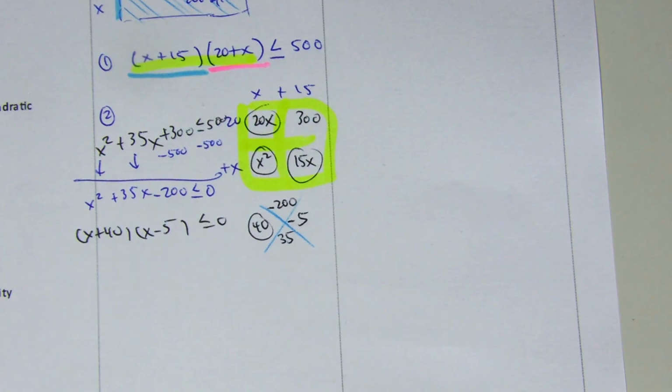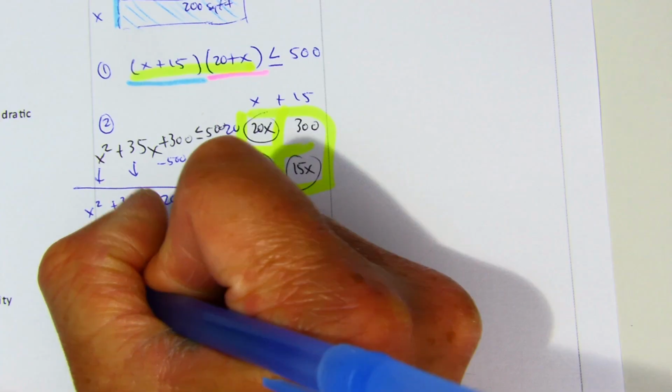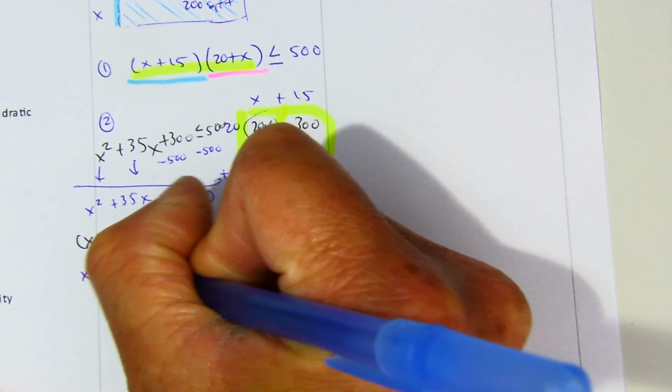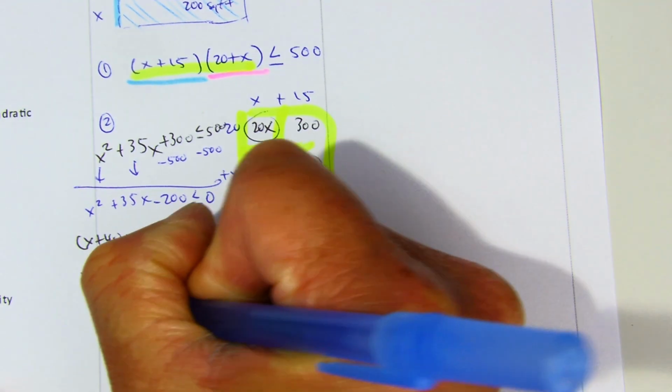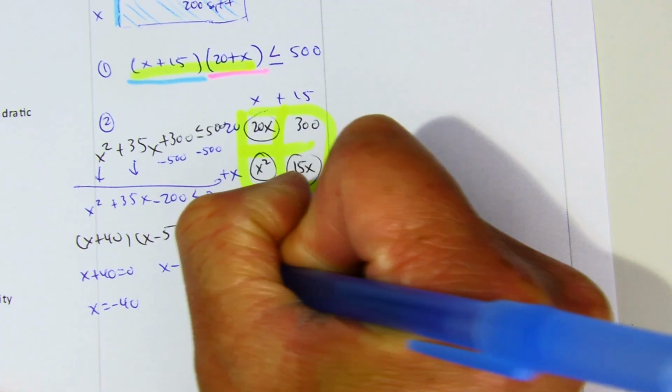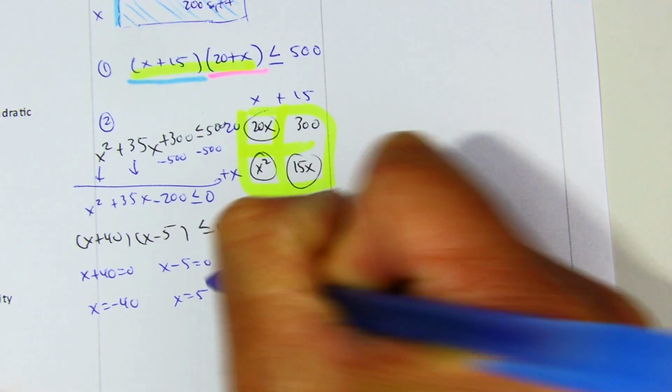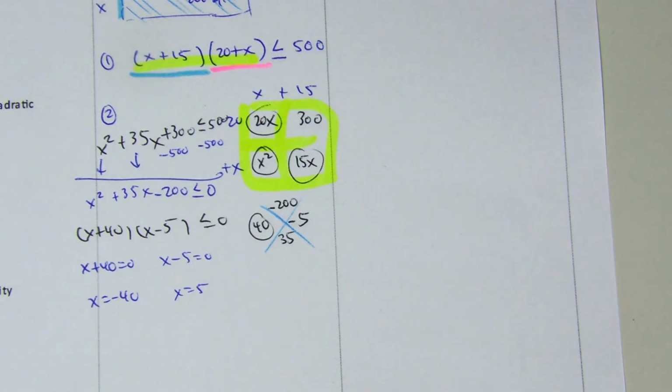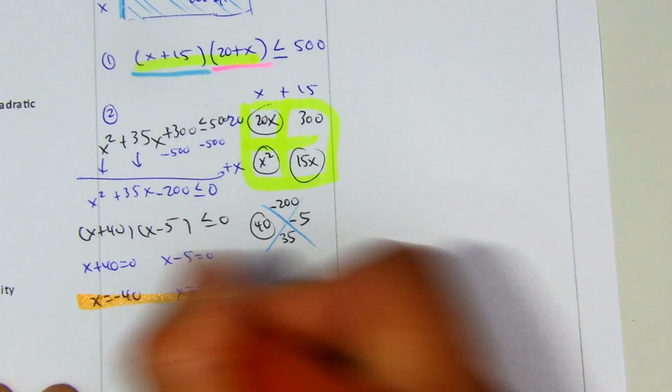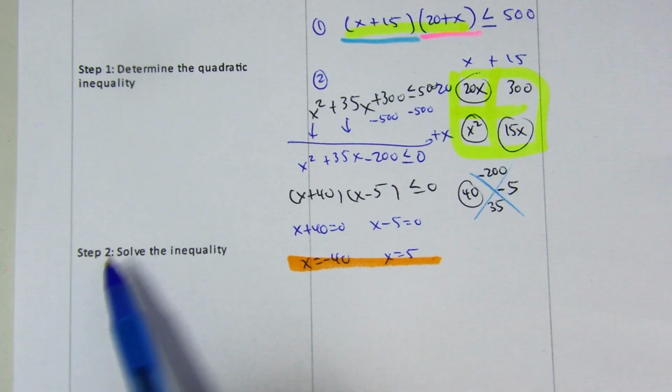And then if I set it equal to 0, I get x equals negative 40, and x equals 5. These are the two that I want from the graph, the visual. So that was step number 2, solve the inequality.